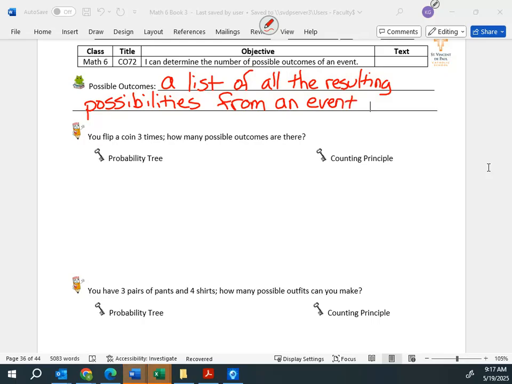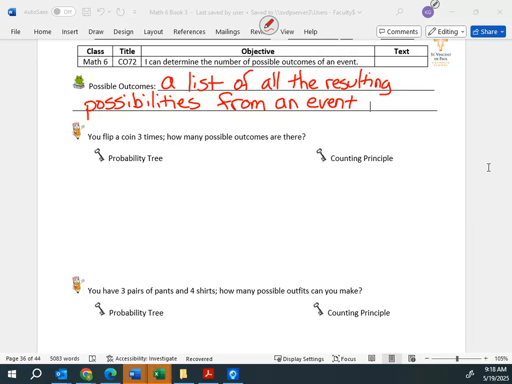So each thing that we do is an event. Flipping a coin. Every time you flip the coin, it is an event. Rolling a dice. Every time you roll the dice, it is an event. Spinning a spinner. Every time you spin the spinner, that is an event.